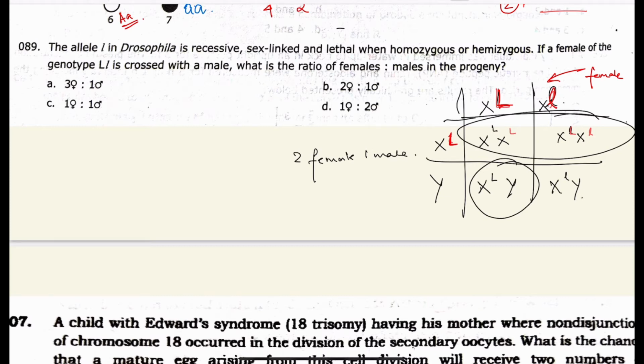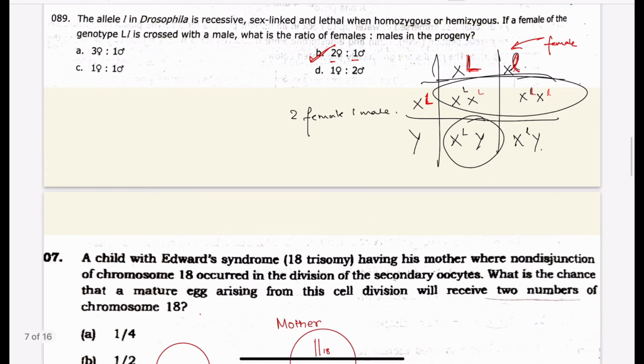In the result we get 2 females who have the X capital L allele, which is dominant, so they will survive, and the male X capital L Y will survive, since that L is fine. So we'll get 2 females and 1 male, and that is option B. So the answer is B.